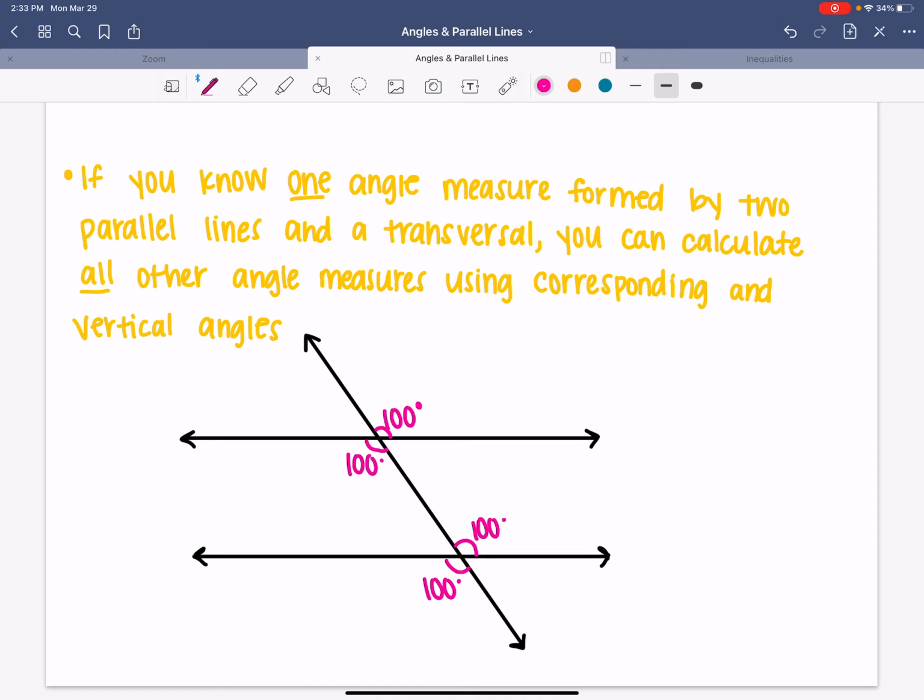Now, just using that information, you can use your linear pair to find the other angle measures. So if this is 100, this one would be 80 because it forms 180 degrees. And again, we have 80, 80, and 80, all by vertical angles and corresponding angles, along with the linear pair.